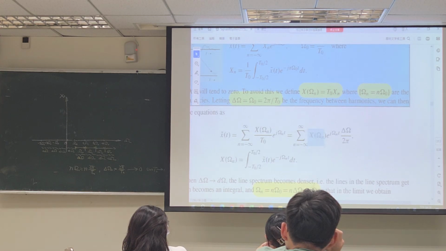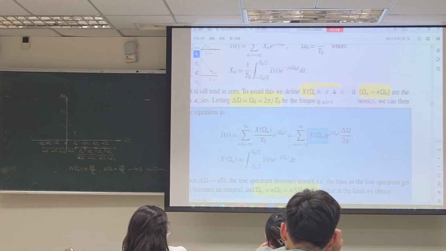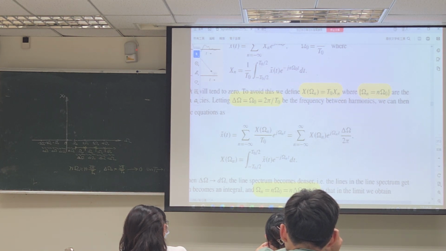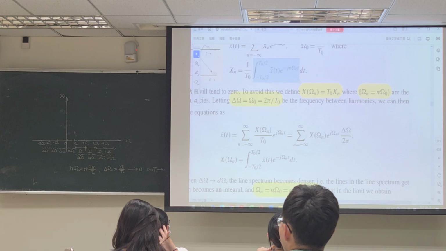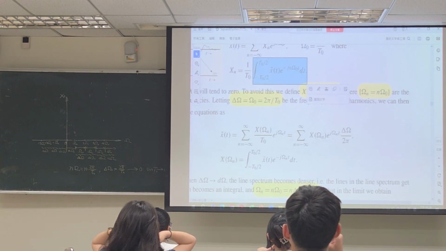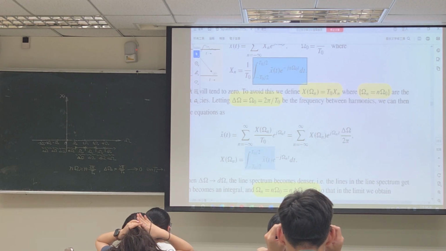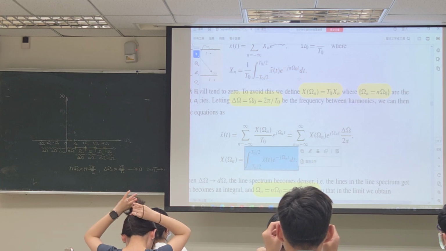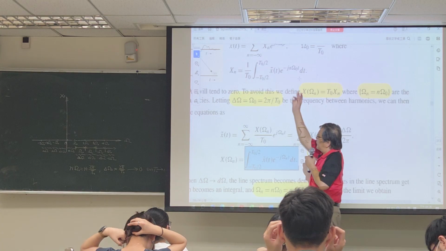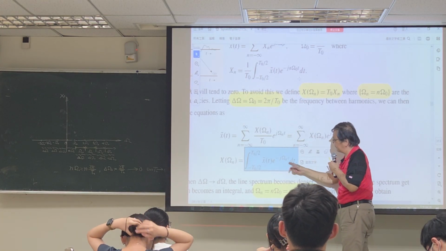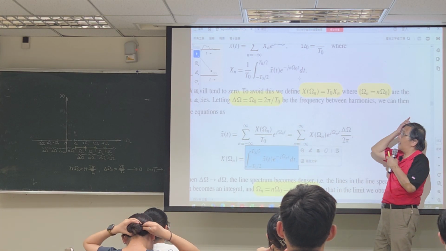All right, and then this x of omega sub n is now given by this one. Originally it is here, up to here. This n omega sub 0 is now replaced by omega sub n.